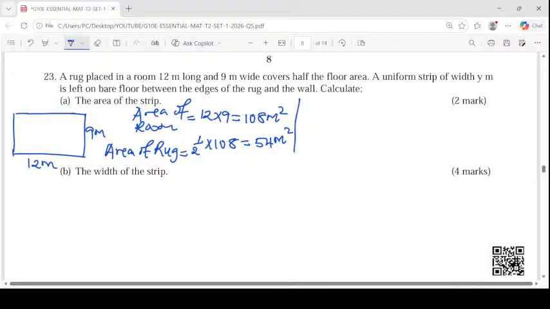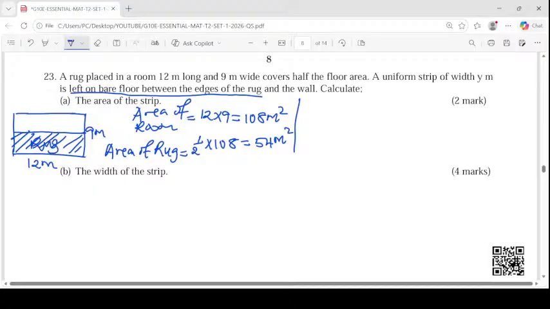After getting the area of the rug, the area of the strip is the area of the room minus the area of the rug. Remember, they are saying a uniform strip of width y meters is left on the bare floor between the edges of the rug and the wall. So let me assume this is the rug.